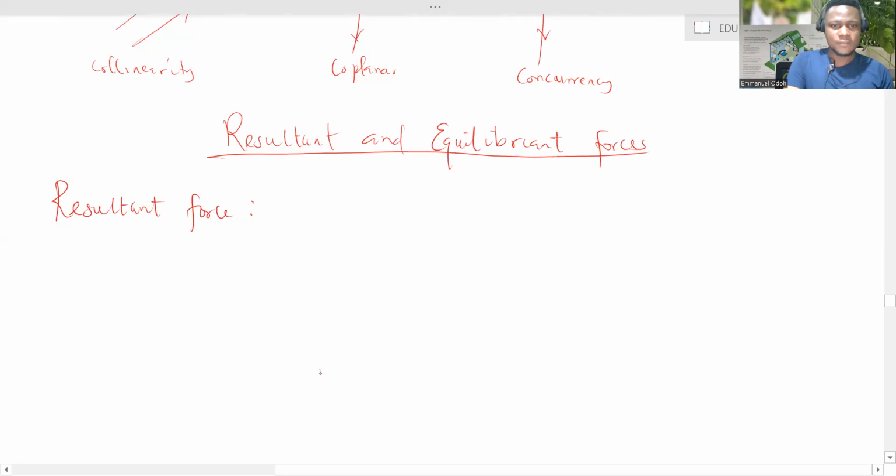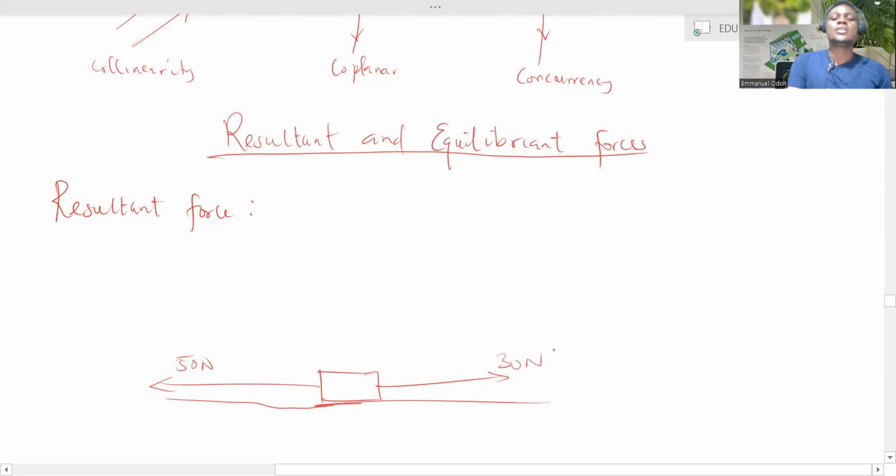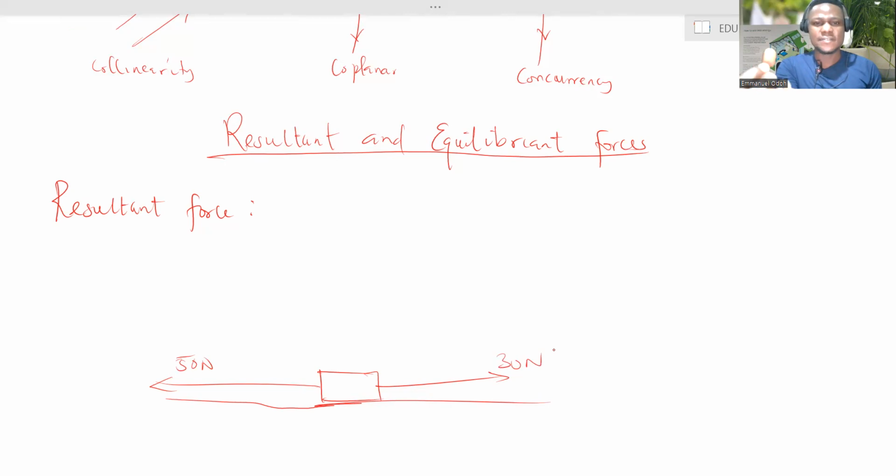For example, let's go back to our box model. If I have these forces acting on this object, let's say 50 Newton and 30 Newton, the resultant force is the net force. The effect of these two forces on that object is that the object will move in the direction of the higher force.